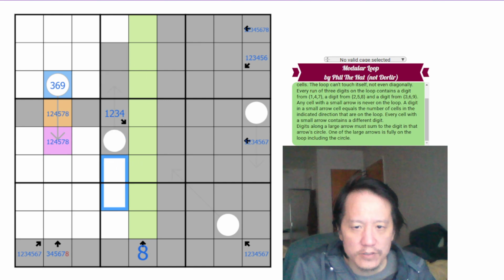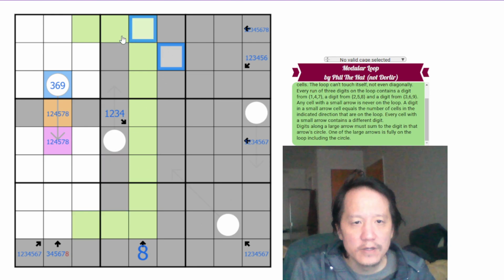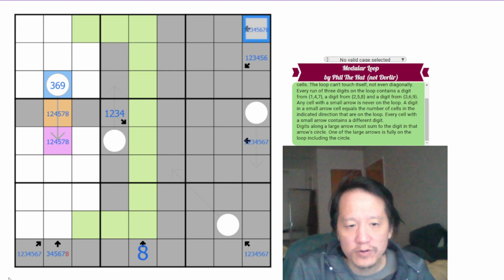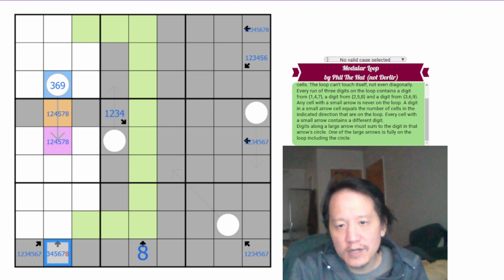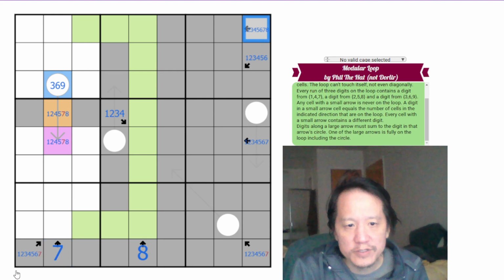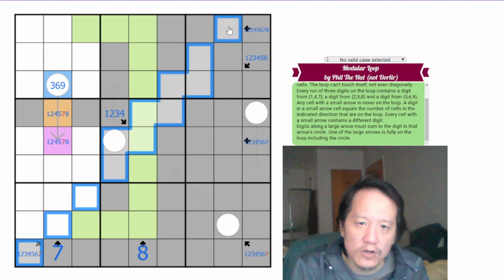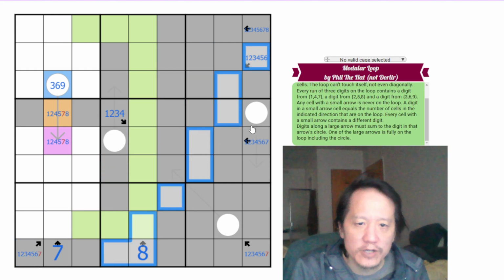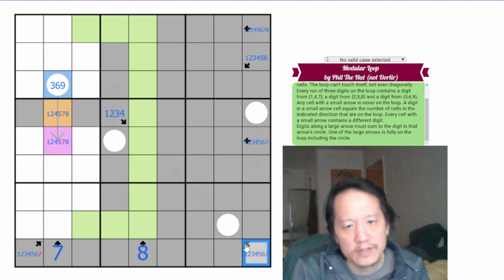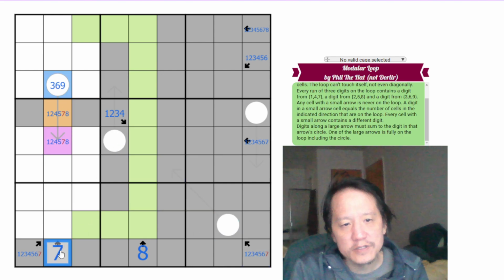These can't be possible. Therefore, it must connect this way, to connect that way, to connect that way. This could be 5 up along here. Maybe this was the problem. This would have to be the 7 because this can no longer be 7. This is never possible to be 7. So this has to be 7.